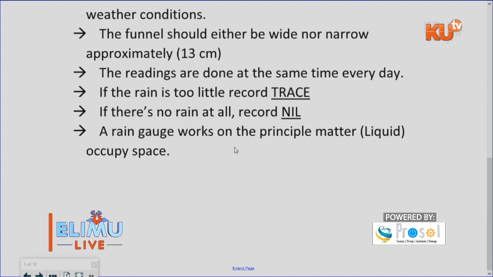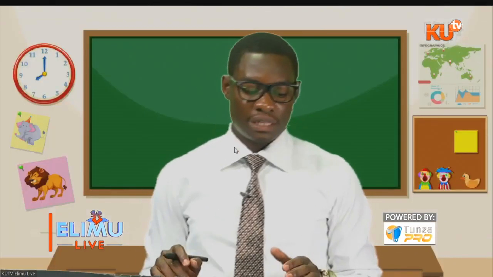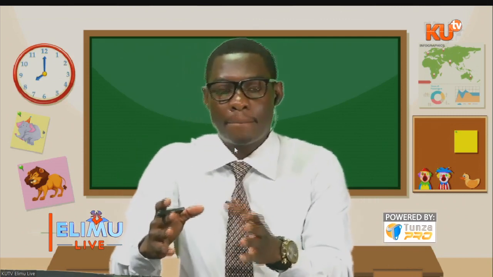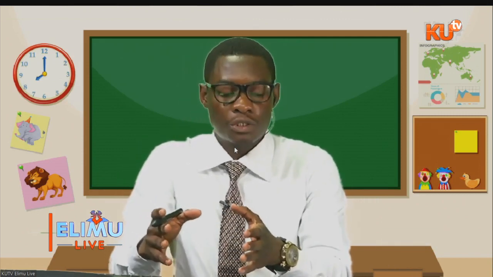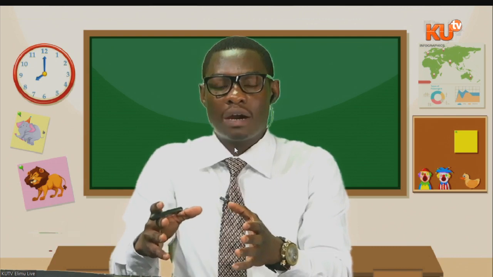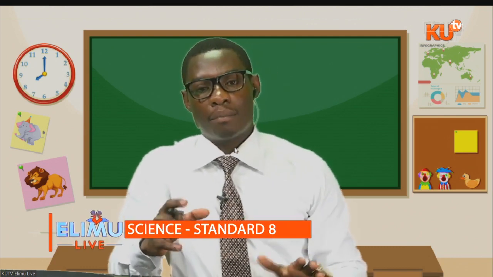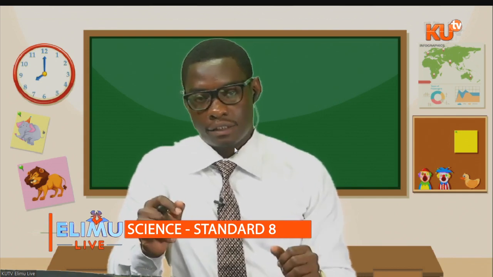Now we have these weather instruments. These weather instruments work on specific principles. When we come to a rain gauge, it works on the principle that matter occupies space.